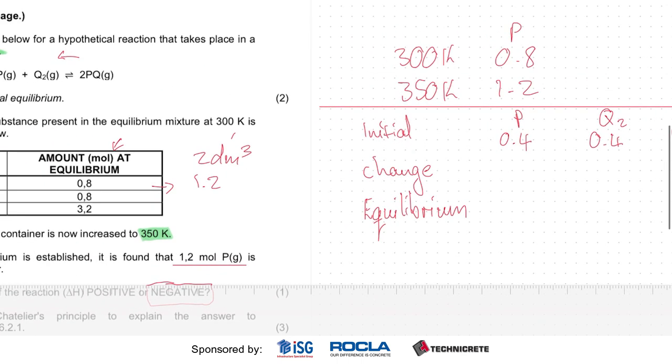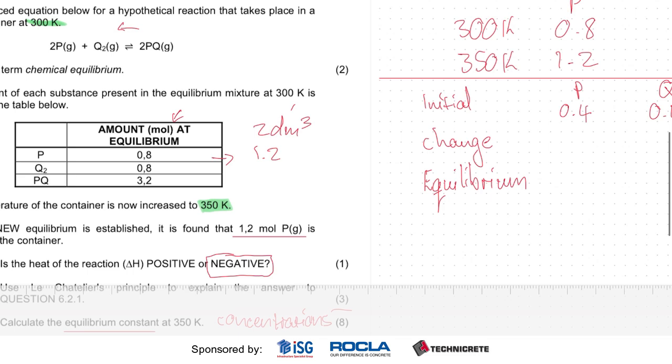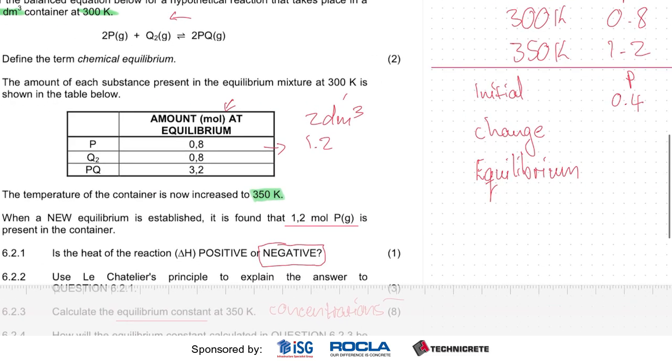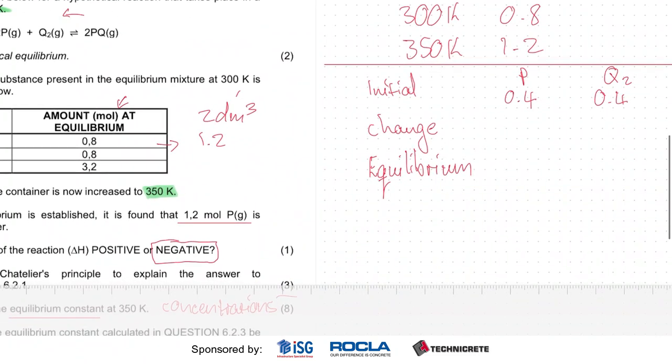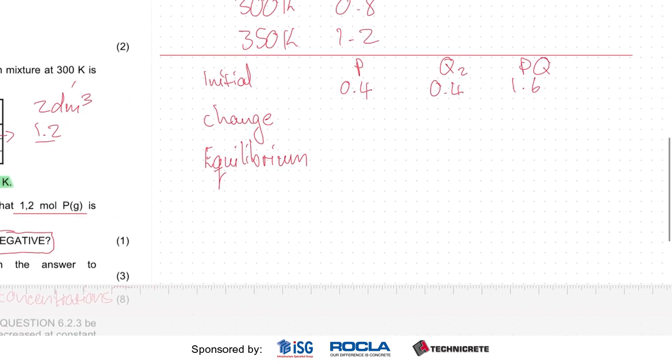And then at equilibrium, P is 1.2. So we can say 1.2 divided by 2, this gives us 0.6 at equilibrium. Here the change is plus 0.2.